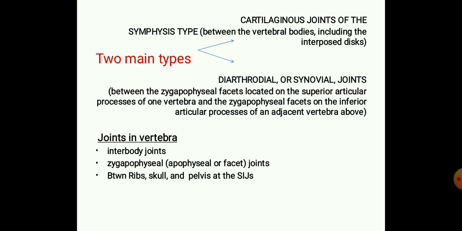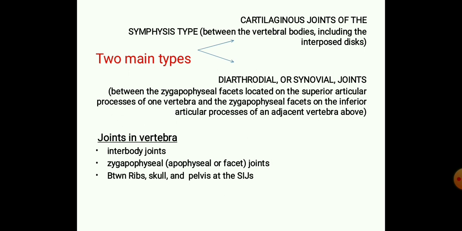When we look into the vertebral articulations, there are two types of articulations found in the vertebral column. The first one is the cartilaginous joints of the symphysis type. These are unmovable or have a limited amount of movement. They are mainly seen in between the vertebral bodies, including the interposed disc.